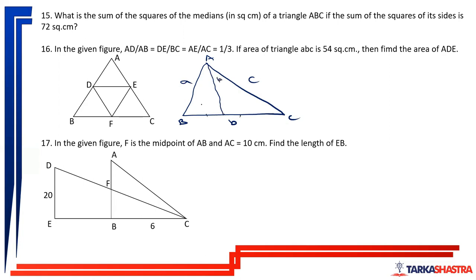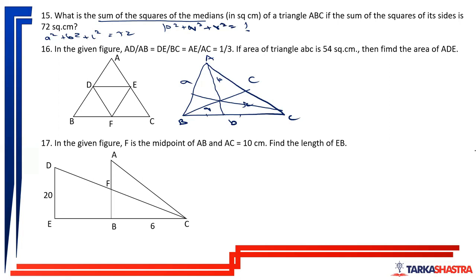So this is P, this is Q, this is R. They have told us that A square plus B square plus C square is equal to 72, the sum of the squares of the sides. They are asking us to find the sum of the squares of the medians, that is P square plus Q square plus R square.